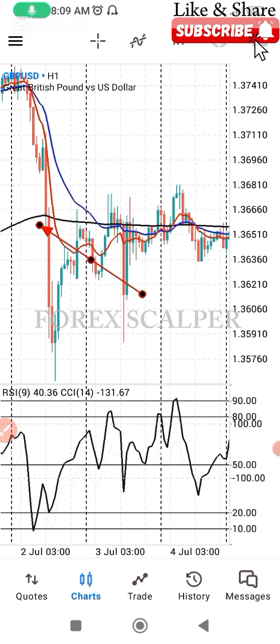However, this does not guarantee 100% trade probability in your favor, because the market will never work in your favor all the time. But this has an advantage because it has a high winning probability. Then the moving average 25, which is the blue line, and the 10, which is the red line, is for your entry confirmation and validation.